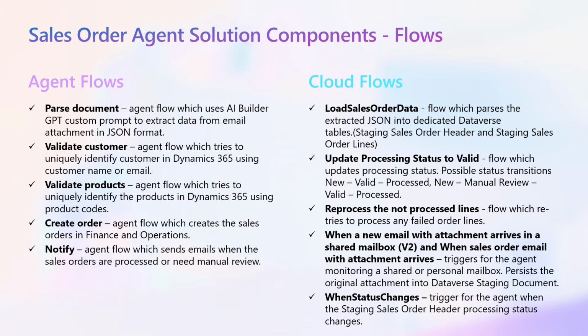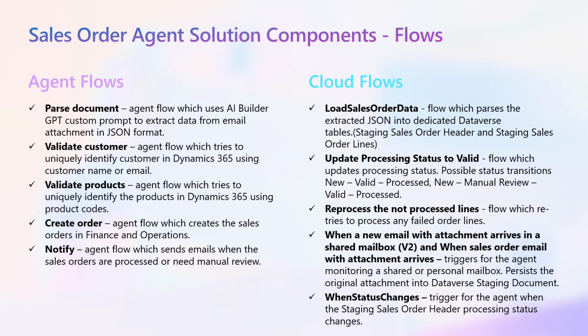The flow update processing status to valid will automatically set the staging sales order header status to valid when the customer and the lines are valid. Reprocess the not processed lines. If we have partially saved orders where some lines could not be saved, a reviewer will be notified. They can correct the data either in Dataverse or directly in Finance and Operations, and then resubmit only the failed lines.